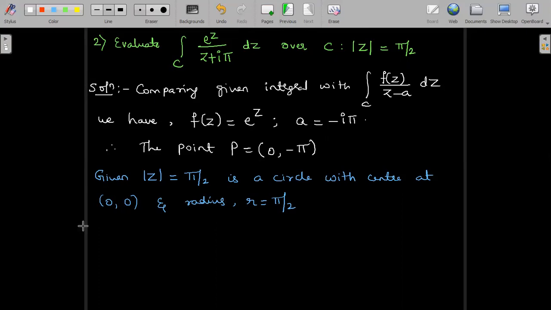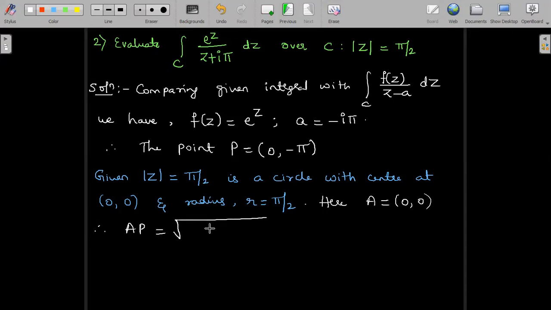Now let us verify whether the point lies inside or outside the given circle. Instead of drawing the figure here, since it is in terms of π, it will be easy if we apply the distance formula AP. The center is (0, 0), always denoted by capital A for our recognition, and P is (0, minus π).